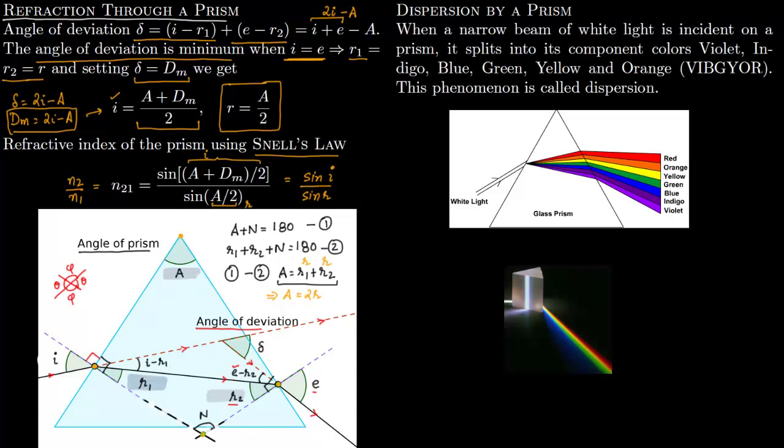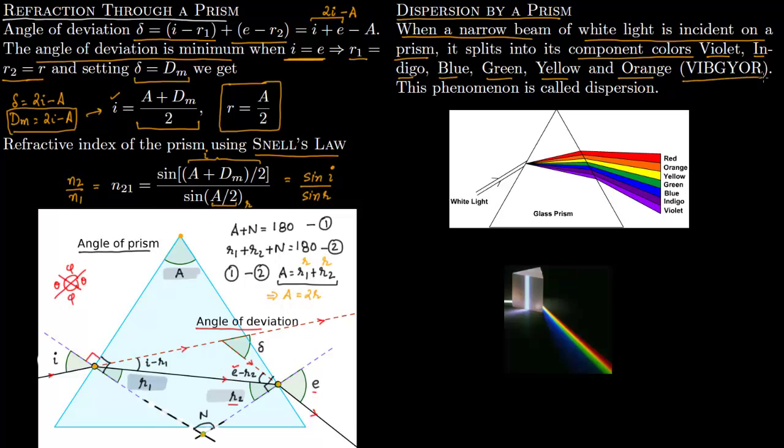Now we talk about dispersion by a prism. When a narrow beam of white light falls on a prism, it splits into its component colors: violet, indigo, blue, green, yellow and orange.